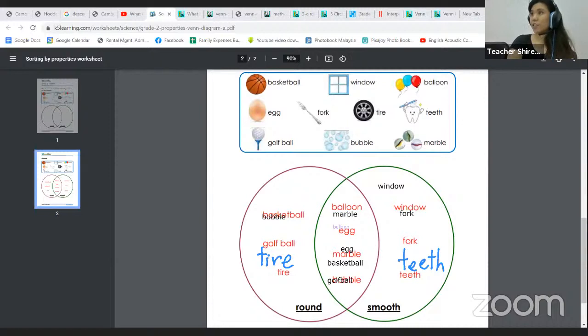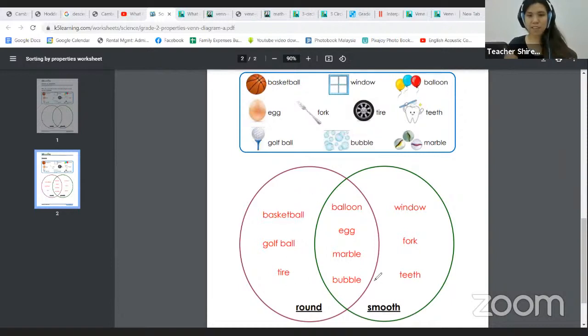Okay, basketball is not smooth either, it's bumpy. My bad. So basketball, golf ball and tire are round but not smooth. Balloon, egg, marble and bubble are round and smooth. And window, fork and teeth are smooth but not round.